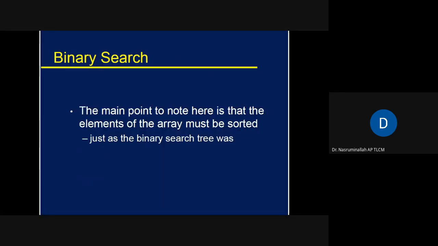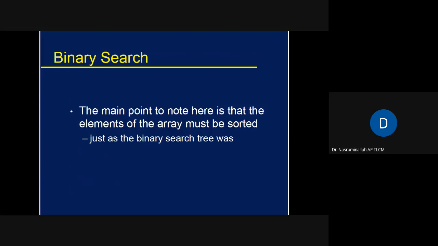The next search is an improved version, which is a binary search. I use the term improved. What do I mean by improvement? By improvement I mean that it's computationally efficient.